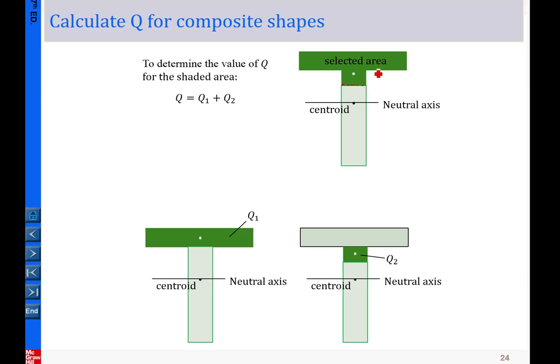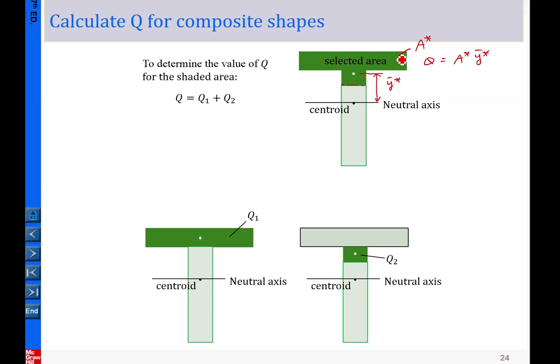So for this T shape, how do we calculate Q? We know Q equals, for example, let me say this shaded area is A star, and from the centroid of that shaded area to here is Y bar star, and Q is determined by this multiplication. And in practice you can determine Q by doing this: Q equal to Q1 plus Q2.